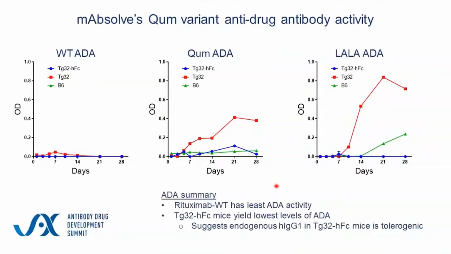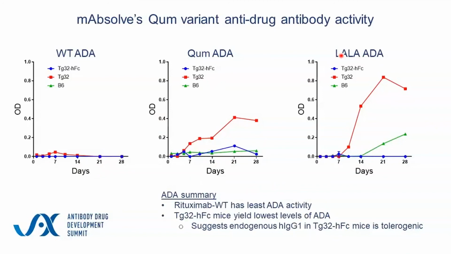And when we analyze the ADA activity, we can see that the wild type antibody did not yield ADA that we could detect. The QUM yielded some ADA activity in the TG32 mouse.